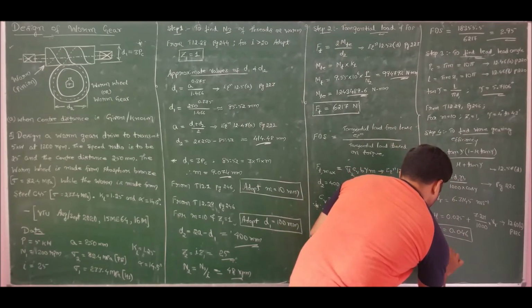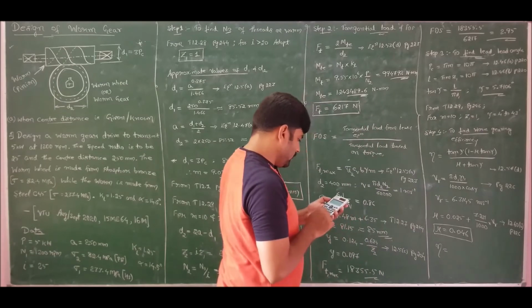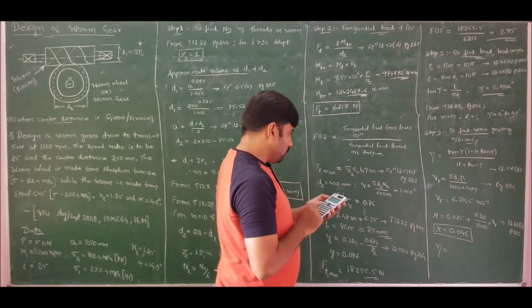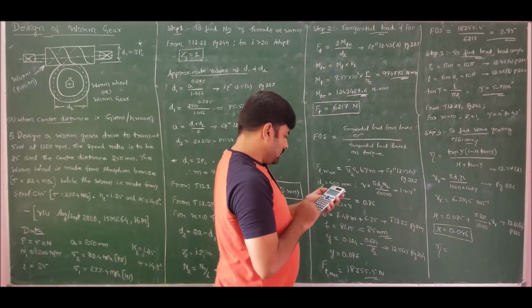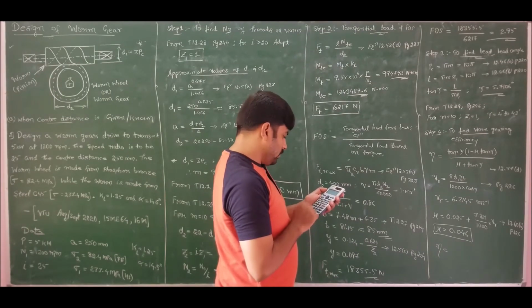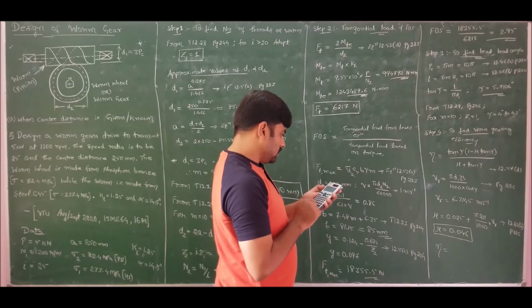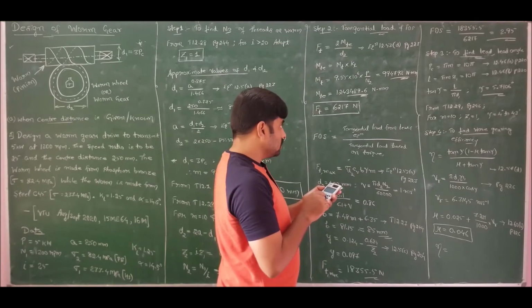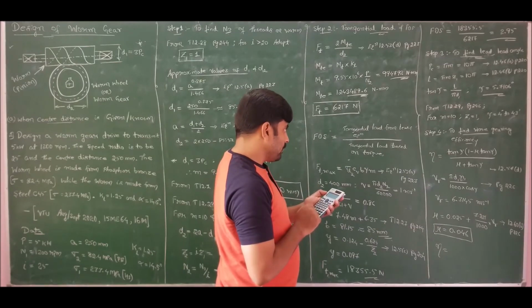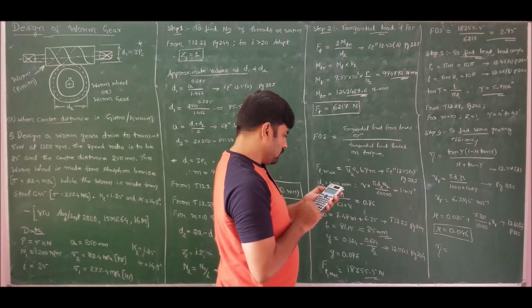So therefore efficiency of worm gearing is turning out to be tan of gamma, which is 5.7106, into 1 minus mu, which is 0.046, into tan of gamma, 5.7106, divided by mu, which is 0.046, plus tan of again gamma, 5.7106.